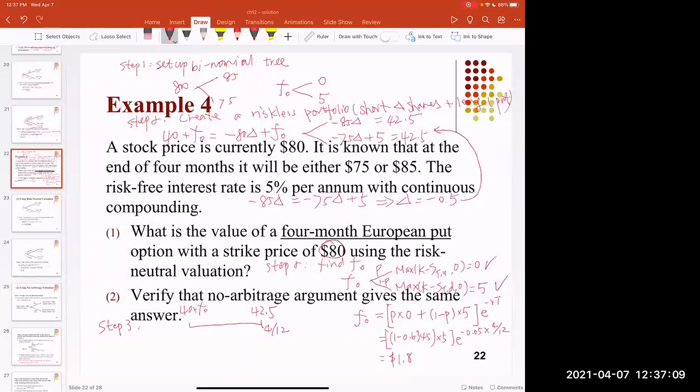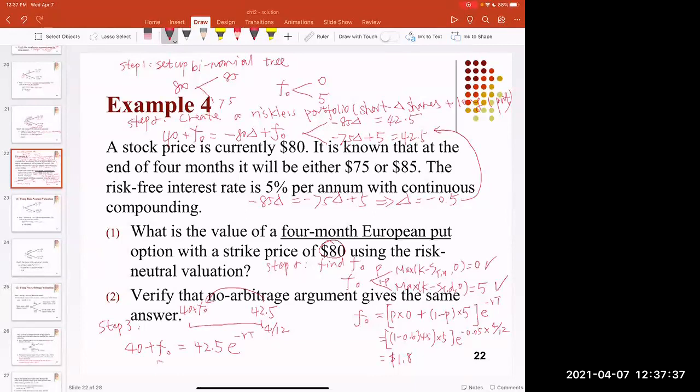You can do discounting or compounding; I think you do discounting, that's easier. So the left-hand side, 40 plus F0, is the portfolio value today, and it should equal the payoff 42.5 brought back to time 0, using continuous discounting, e to the negative RT.